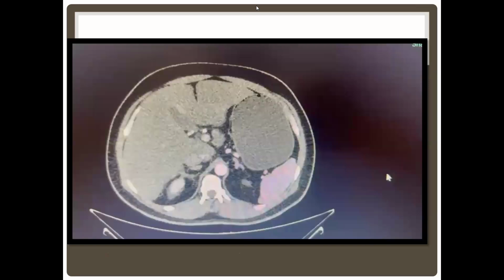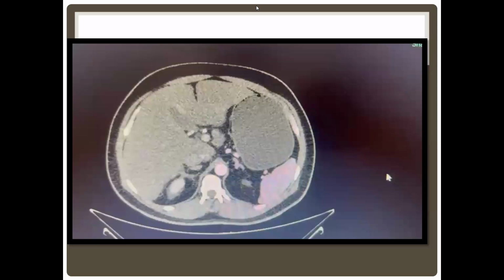What about the HU values? The fat component will have a HU of -10. Okay, and the CT reporting was AML. So what are the classical findings of AML on CT scan?